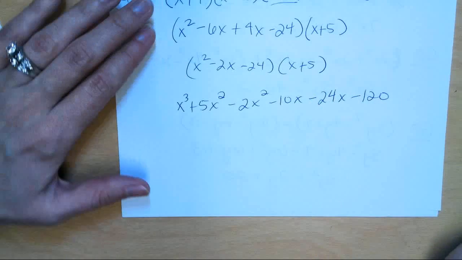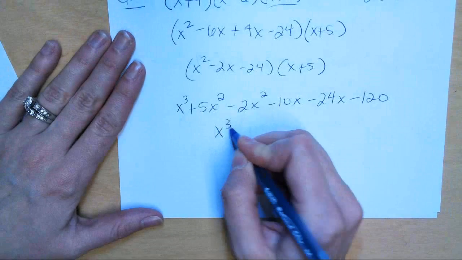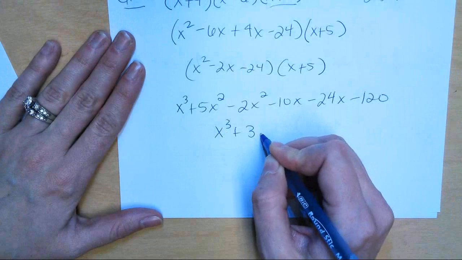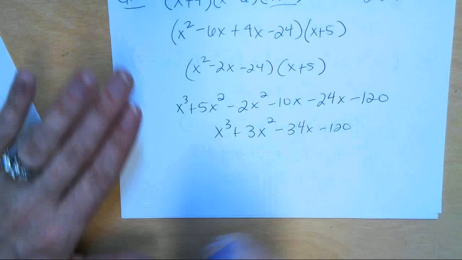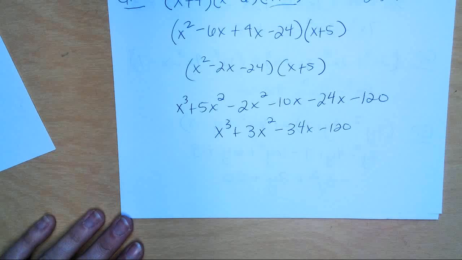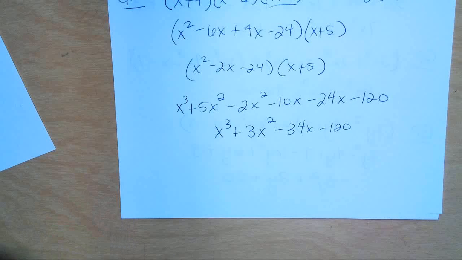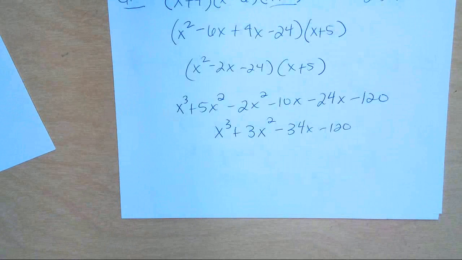Okay? And then combine like terms, and your final answer is x cubed plus 3x squared minus 34x minus 120. Got it? Everybody else? Good. You feel good about this? Any questions?